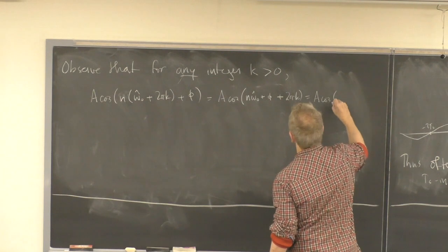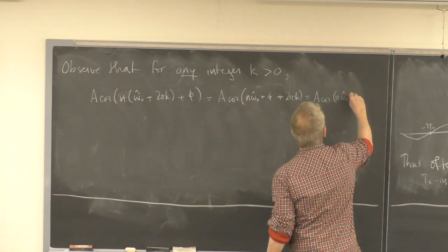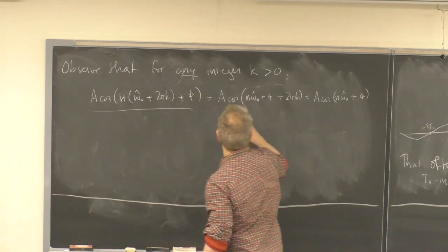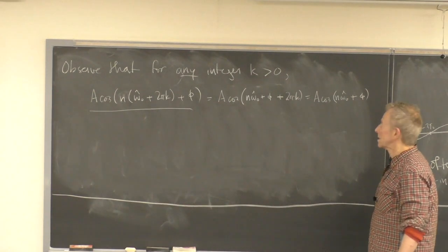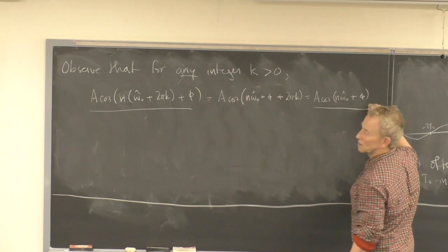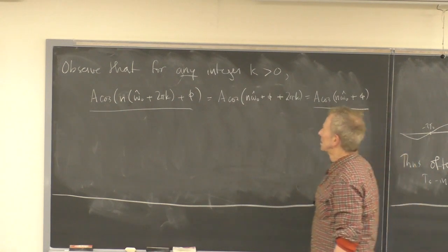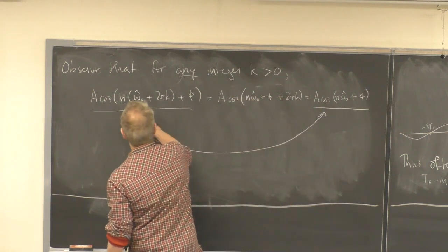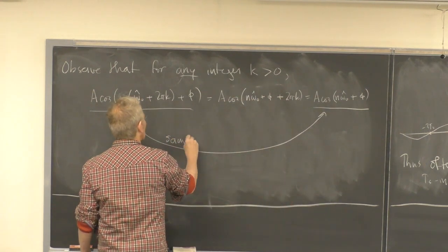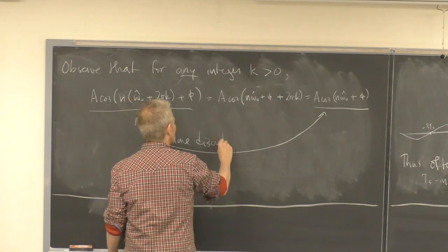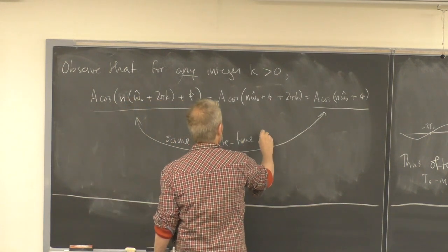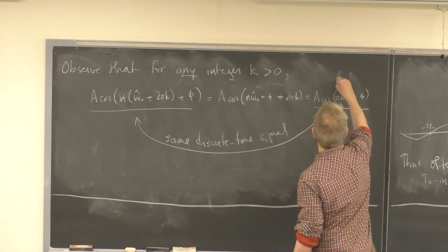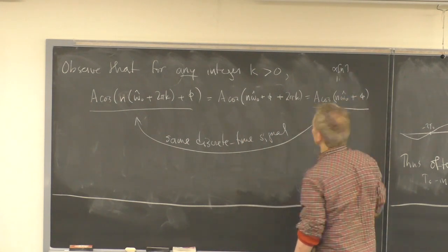So you have a cosine of n omega 0 hat plus phi. So this discrete time signal is the same as this discrete time signal. These guys are the same discrete time signal. And remember, we called that x of n to start with.